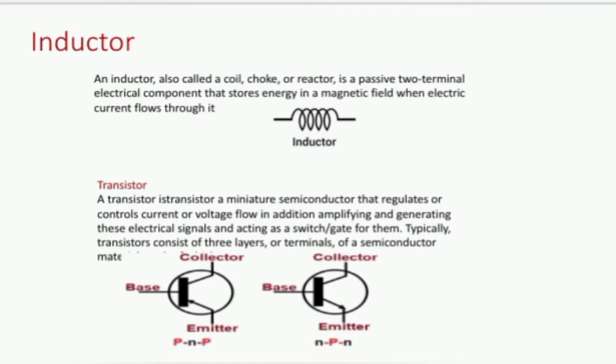It has base, emitter, collector terminals. Both PNP and NPN have these three terminals: base, emitter and collector. In embedded applications, these are mainly connected in relays and buzzers.